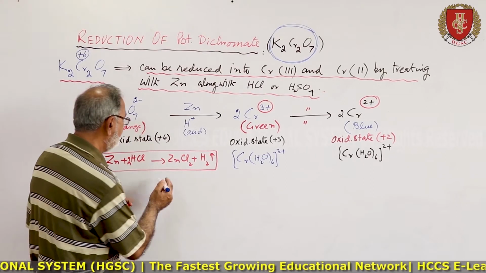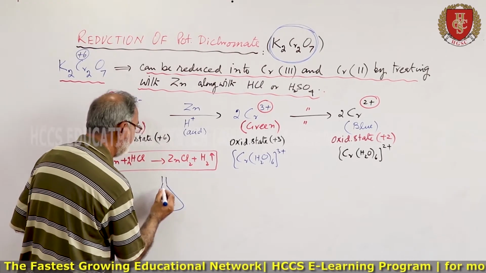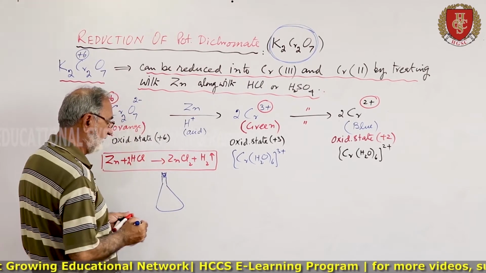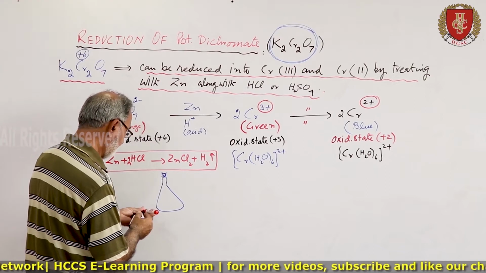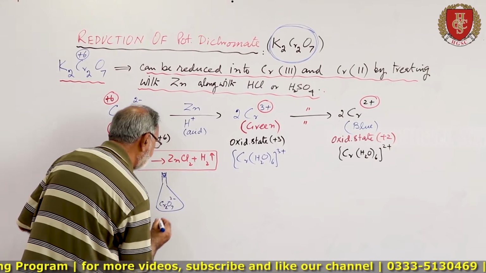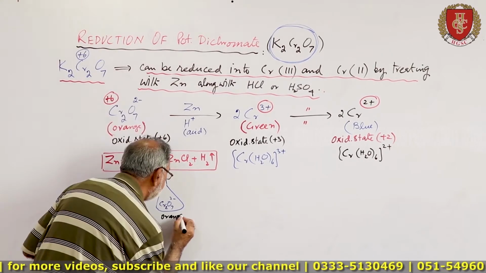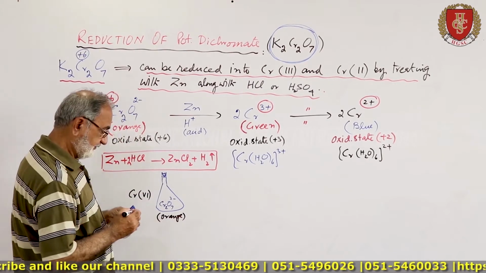If you have the titration flask, this is the titration flask, with the glass wool, and here you have potassium Cr2O7 2-, it is orange with chromium 6 oxidation state.